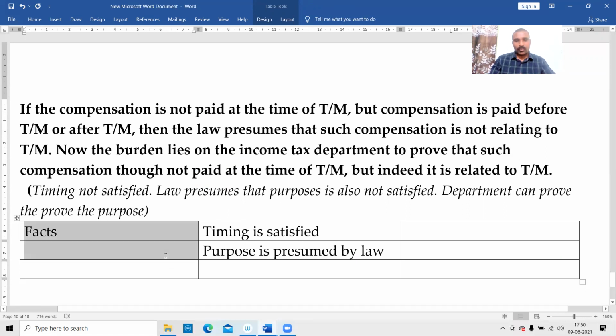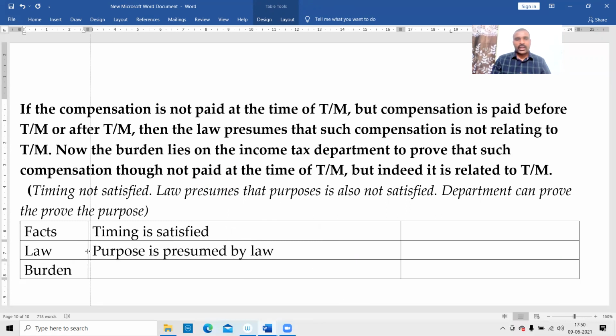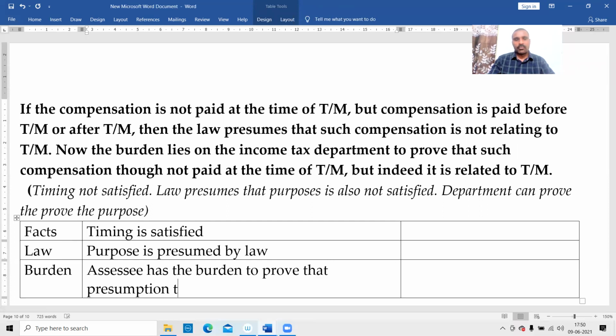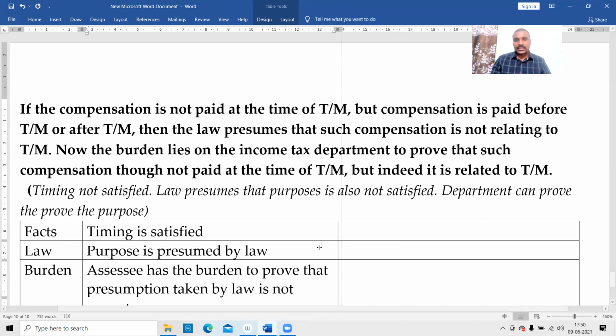Timing is satisfied, so the assessee has the burden to prove that the presumption taken by law is not correct.